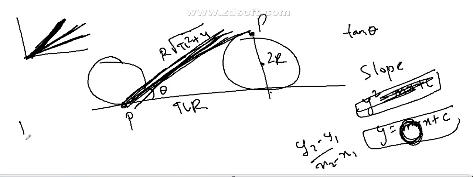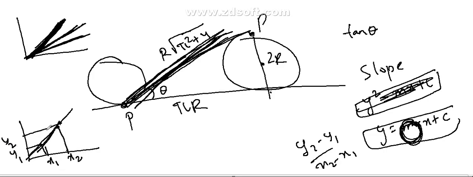If I draw a graph, take a point here and another point here, and I want to find the slope of this line, then this is x1, this is x2, this is y1, this is y2. Then the slope is y2 minus y1 by x2 minus x1. And this is same as tan theta. What is tan theta? The angle between this line and the x axis.